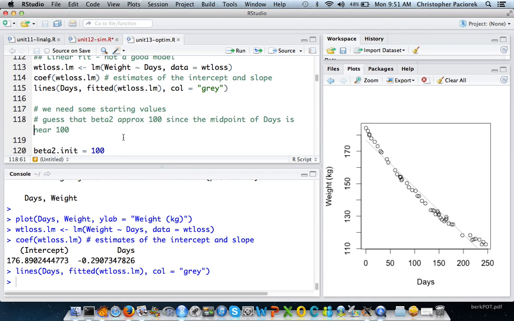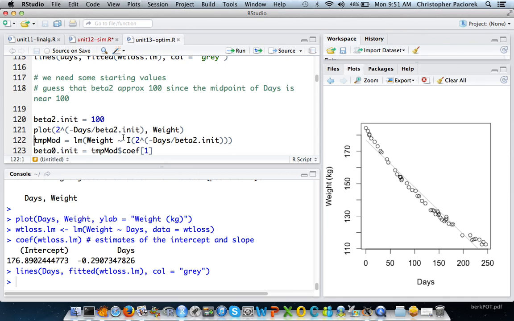And I don't know that there's a recipe for this. It's often a matter of sitting down, looking at the function you're trying to optimize, and trying to come up with some plausible values for the parameters. So what am I going to do here? Well, my thought process was, if I look at this, I know the times are on the scale of 0 to 250.